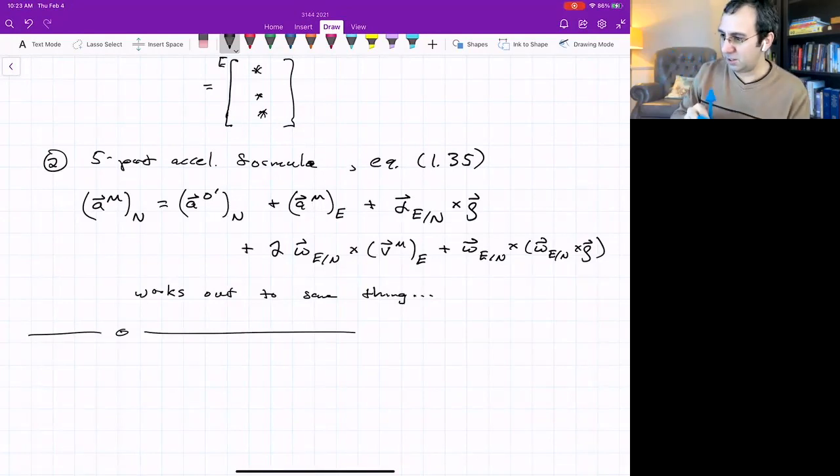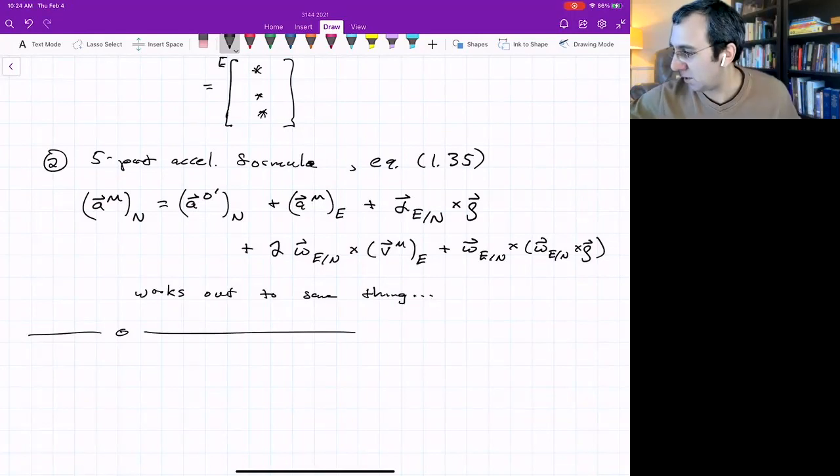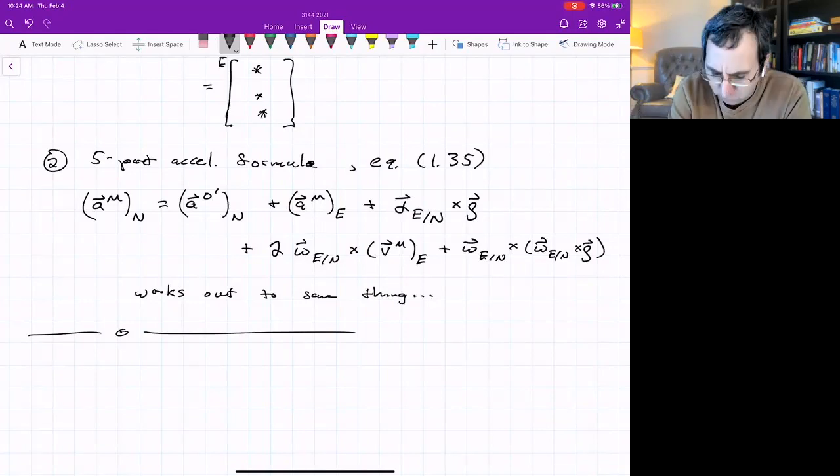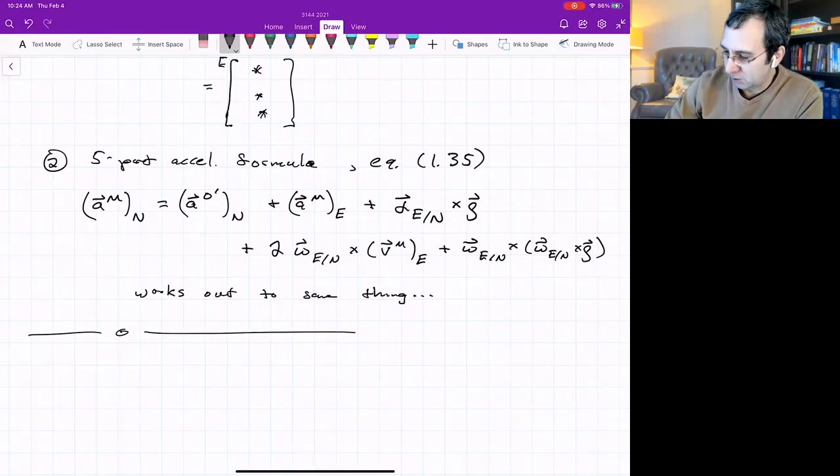And that helps avoid some confusion. So I'm a big fan of the transport theorem. In fact, when we derived the 5-part acceleration formula, it was just naming some terms that you get from the transport theorem. So for example, for problem 3 of the homework, I wouldn't even know how to use the 5-part acceleration formula, to be honest.